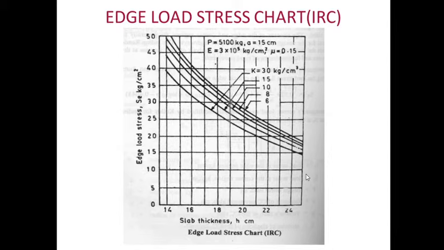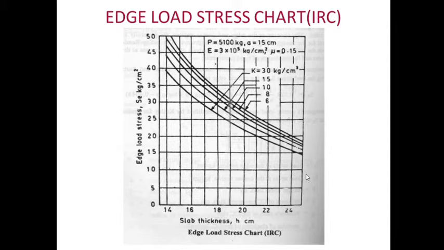Then in the chart there are 5 curves. One curve is for K of 30 kg per centimeter cube, where K is 15 you can use this curve, whereas for K of 10 you can use this.